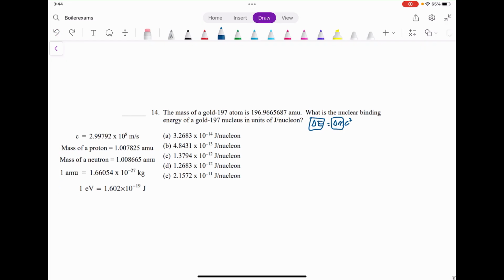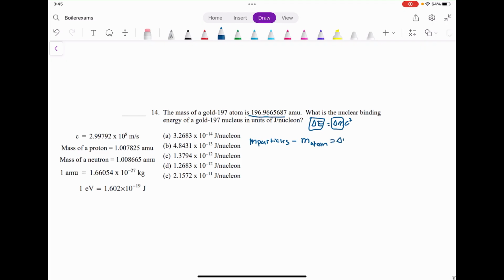So let's first get delta M. We're going to need to do the mass of all the particles added up minus the experimental actual value they give us. So I'm going to call that the mass of the particles minus the mass of the atom, the actual value. So how do we get the mass of the particles?